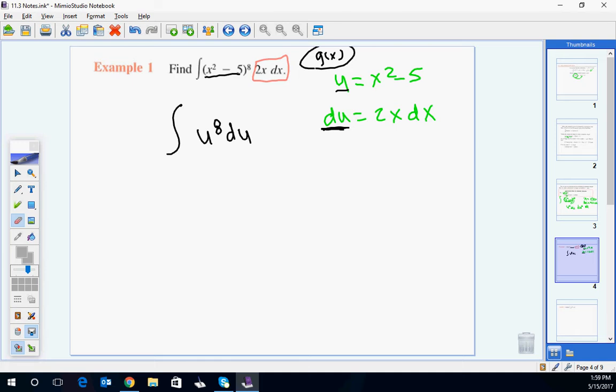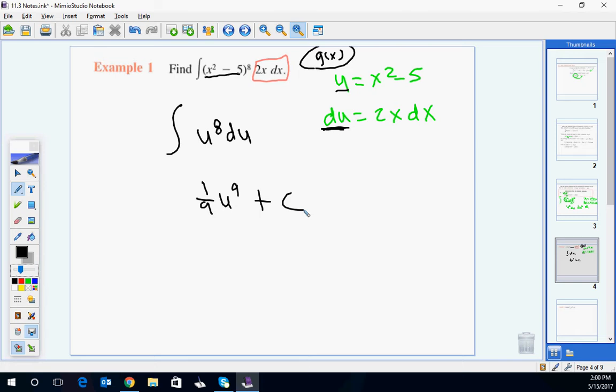So now we have everything in terms of u, which is what we want, because now we're going to integrate with respect to u. So u is nice because now that's just going to be 1/9 u to the 9th plus c. Remember, when we integrate, we're going backwards, right?